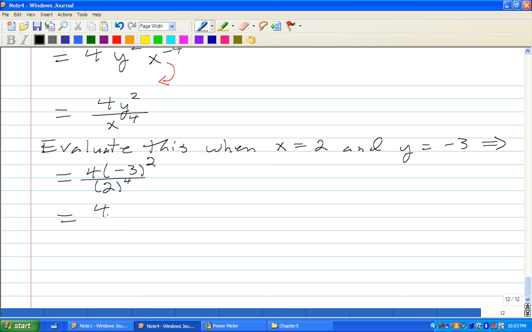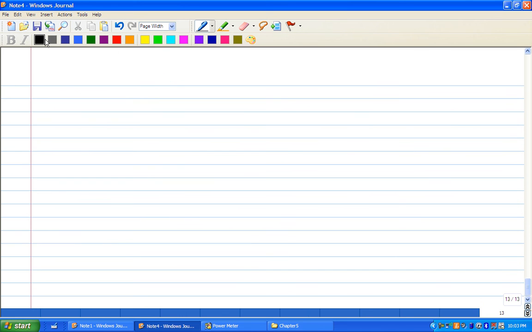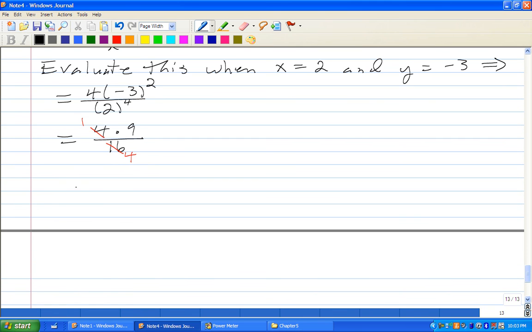Negative 3 squared is 9. 2 to the 4th is 16. 16 divided by 4 is 4. And so my final answer is 9 over 4.